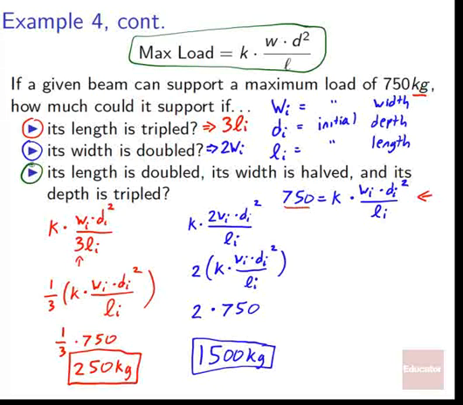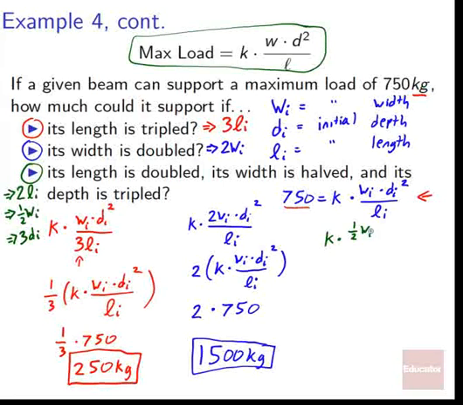Ooh, this is a lot of things, right? Length is doubled would mean 2Li. Width is halved would mean half Wi. And depth tripled would mean 3 di. Okay, so how does this come out? We've got K times W. What are we using?